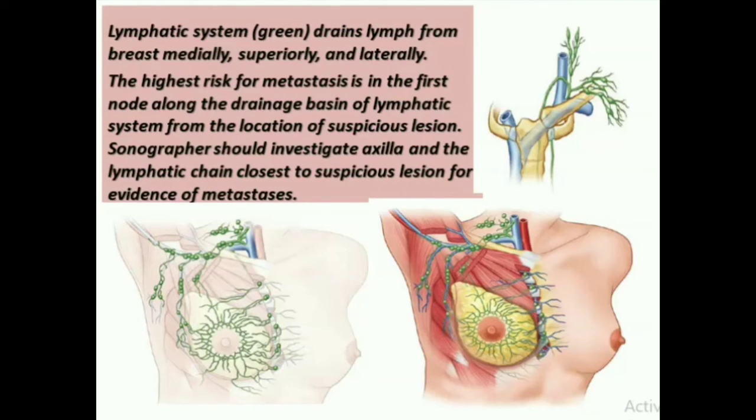The highest risk for metastasis is in the first node along the drainage basin of the lymphatic system from the location of the suspicious lesion. So, the sonographer should investigate the axilla in the lymphatic chain closest to the suspicious lesion for evidence of metastasis.